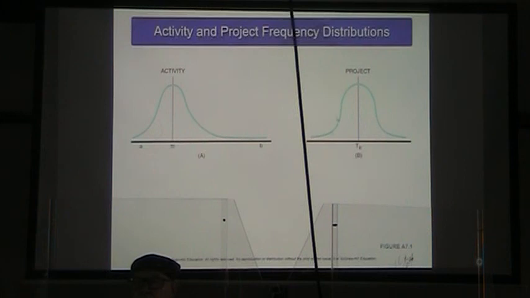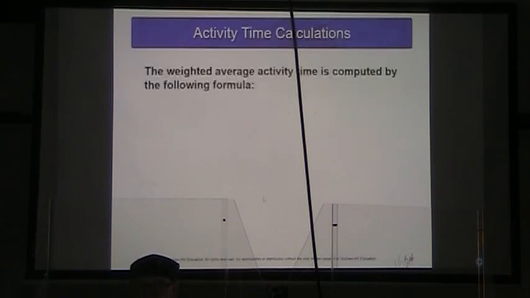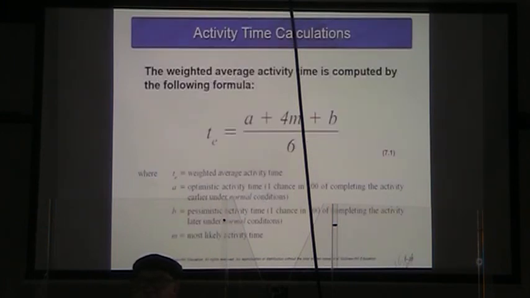Where our project we're describing as more of a straight bell curve. So we do our PERT estimate, our PERT weighted average, by saying that our weighted time estimate is equal to our optimistic plus 4 times our most likely plus our pessimistic, divided by 6.